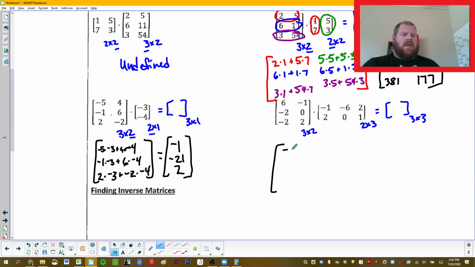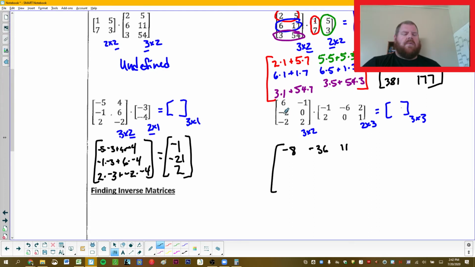So that's going to be a -8. 6 times -6 is -36. -1 times 0 is 0. So that's going to be a -36. 6 times 2 is 12. -1 times 1 is -1. So that's a +11.